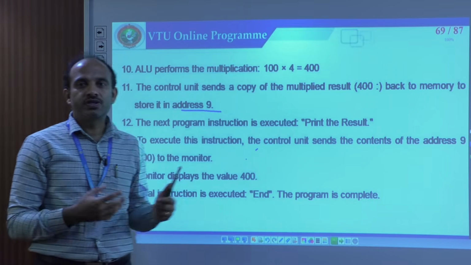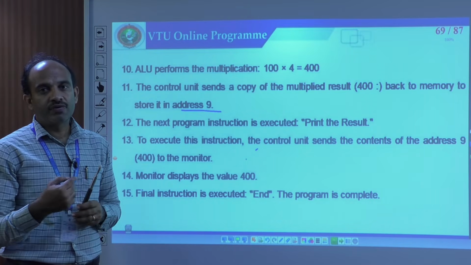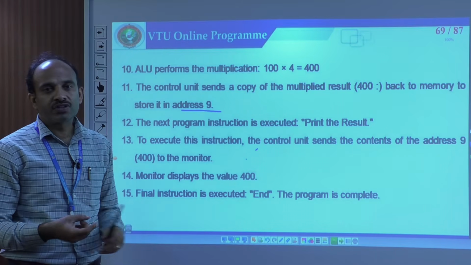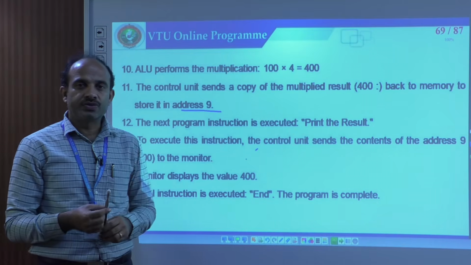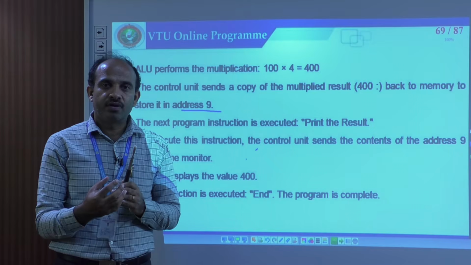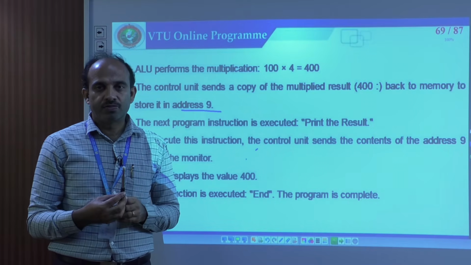Through the output device it is displayed. After that, once it finds the end instruction, it stops the execution. This is how our CPU and memory work whenever it tries to compute or perform something.